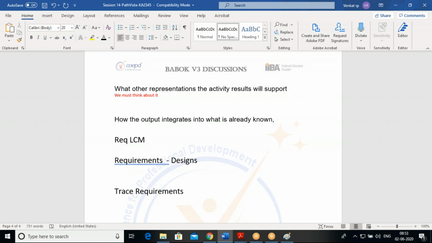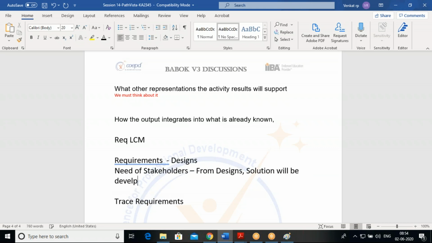Requirements come from the needs of the stakeholders, and designs mean the solution will be developed from designs.